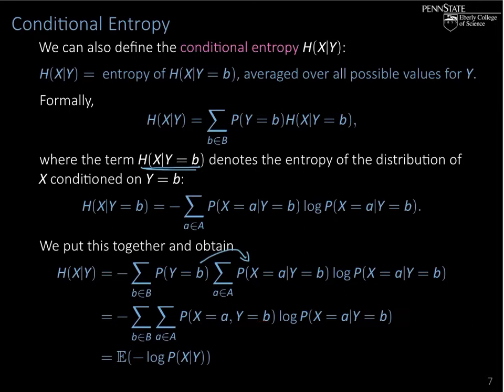And then we have the usual logarithm of the probability of X equals a, conditioned on Y being equal to b. This comes from all the way down here. But now we look at this, and that's just the expected value again of this function over all possible (x, y)'s.